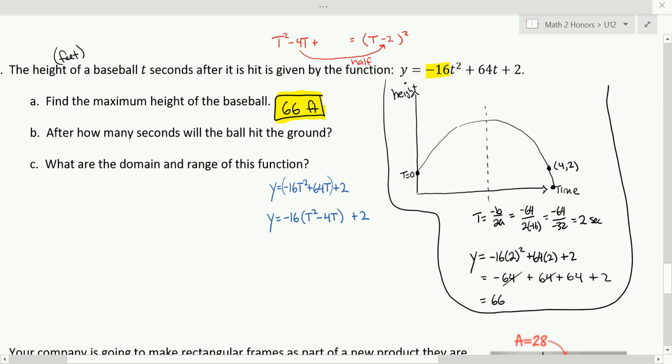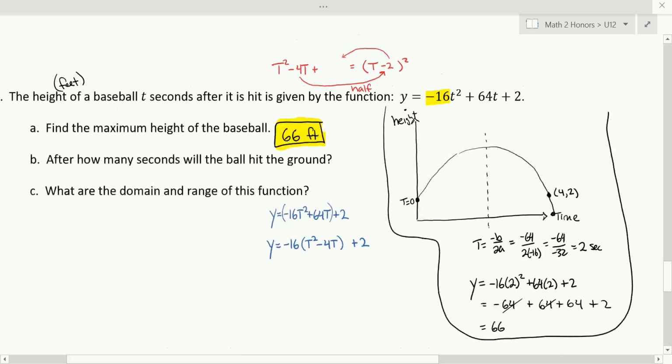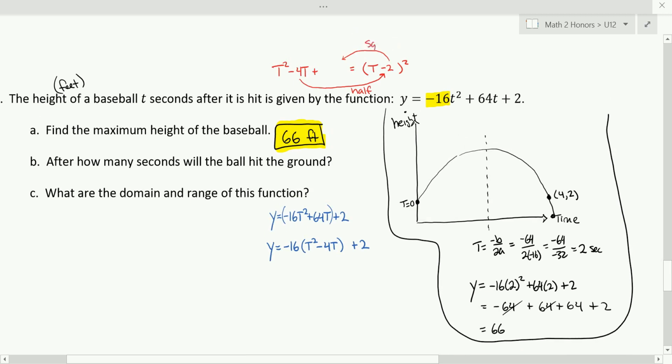So that's what we want it to factor to. Then we take that minus 2 and do what to it to get this number? You square it. So in this case, negative 2 times negative 2 is positive 4. So we know we need to add 4, and then that will factor to a perfect square, t minus 2 times t minus 2.